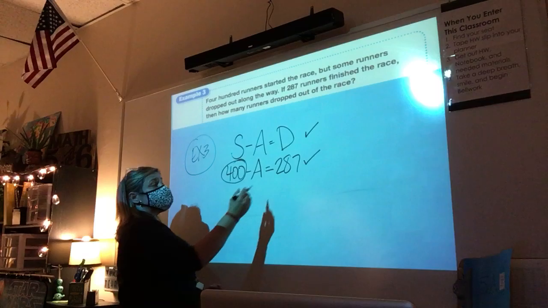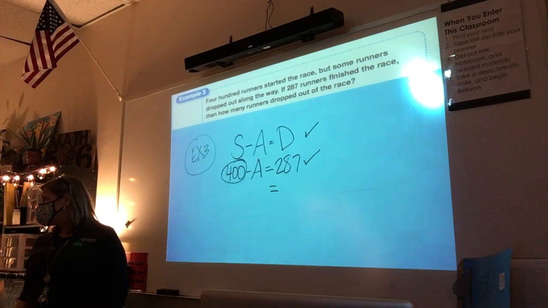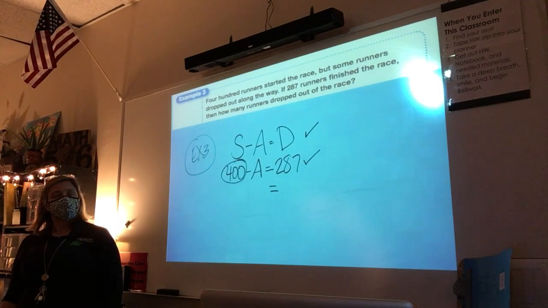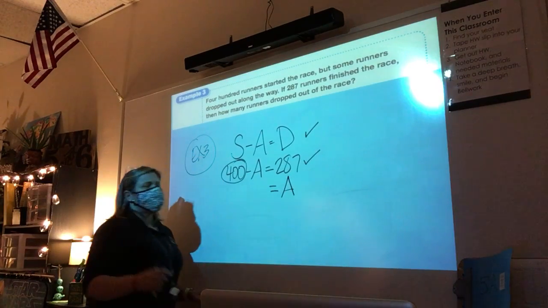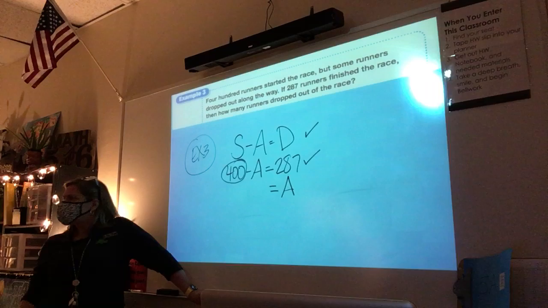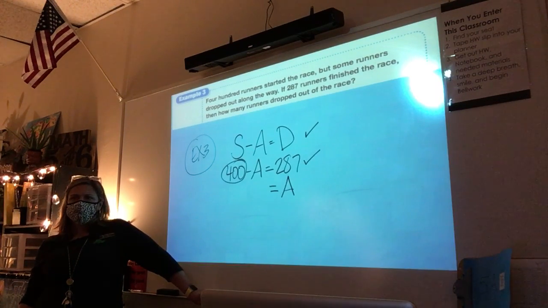All right, now we want to get the unknown alone. Who's the unknown? We circled 400. Is 400 the unknown, Addie? No. A is the unknown, so we're going to put A here. How are we going to solve this? Are we going to add or are we going to subtract?